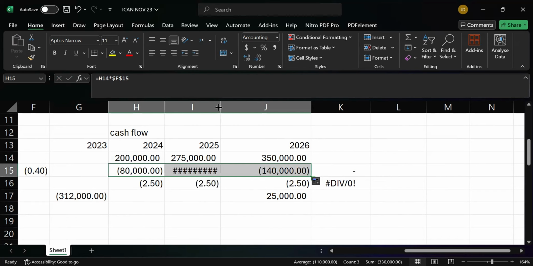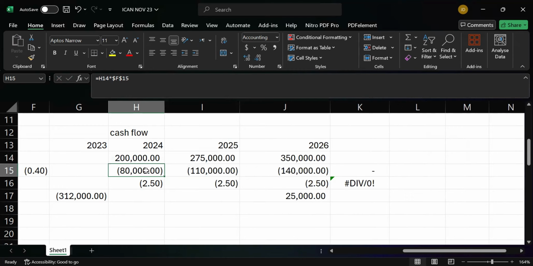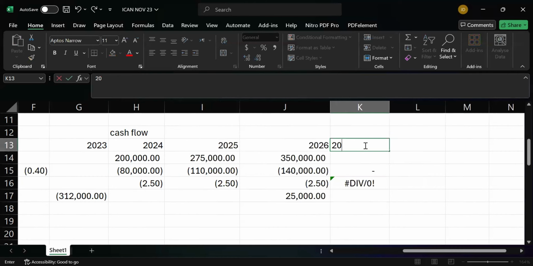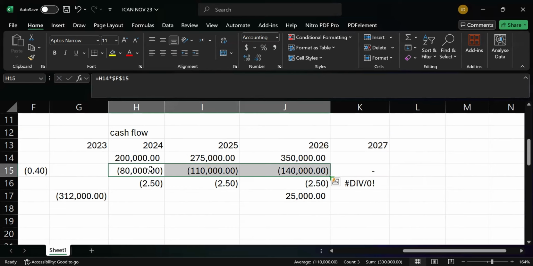So this is the tax for the period, but we're told that tax is charged in arrears. So the tax for 2024 will be charged in 2025. Tax for 2025 will be charged in 2026, and tax for 2026 will be charged in 2027. So I need to add one additional year to get that.